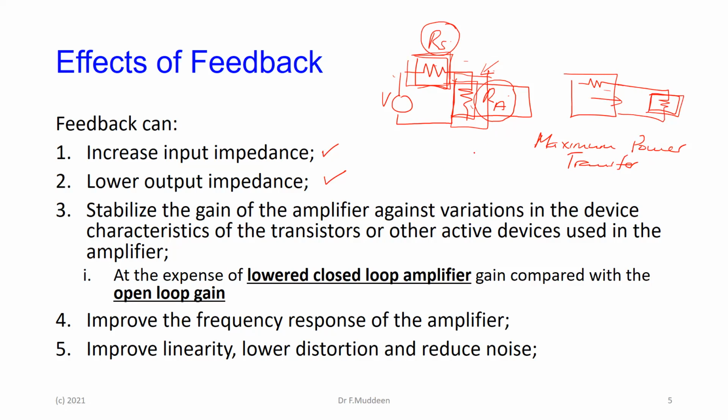The other thing is that in all electronic circuits, you have semiconductor devices in them. They get warm, they get old, you get some variations. Remember, these things are made in bulk, they're made by the millions.